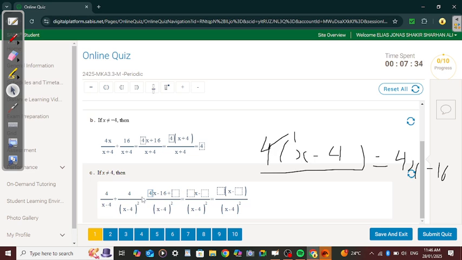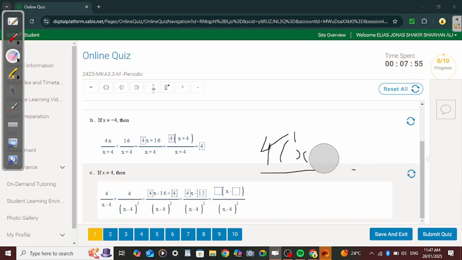And then we just have plus 4 over here because it already has the common denominator. We do not need to change it. Negative 16 plus 4, that is going to be negative 12. 4x stays the same. And now they need the greatest common factor, so let's just solve for that.